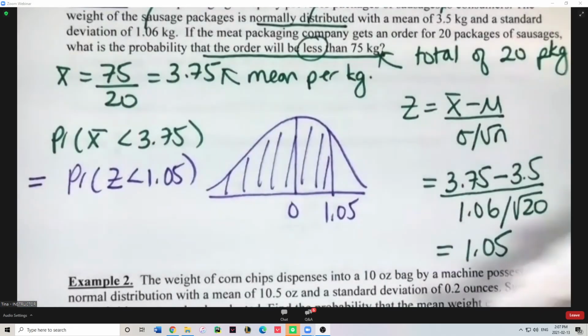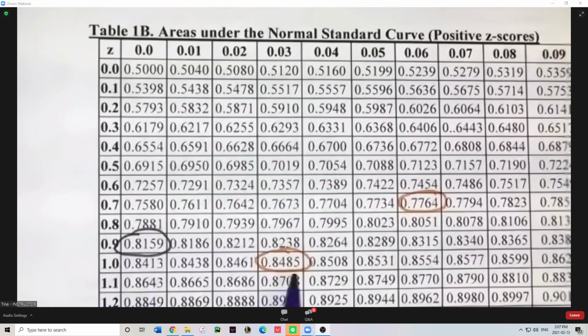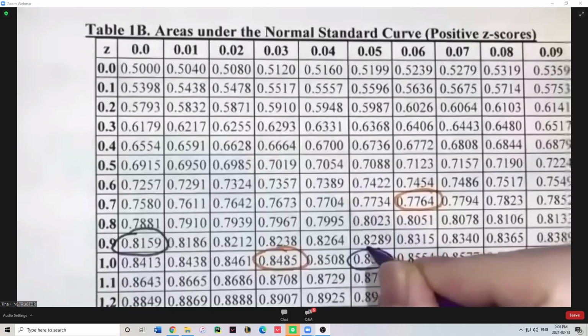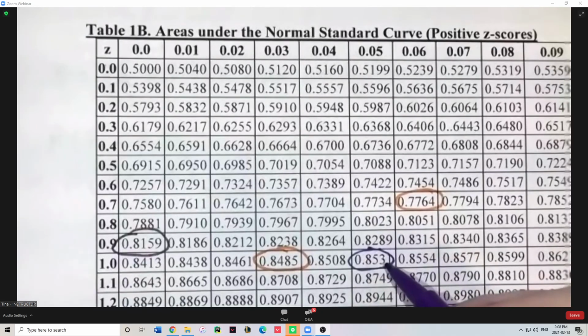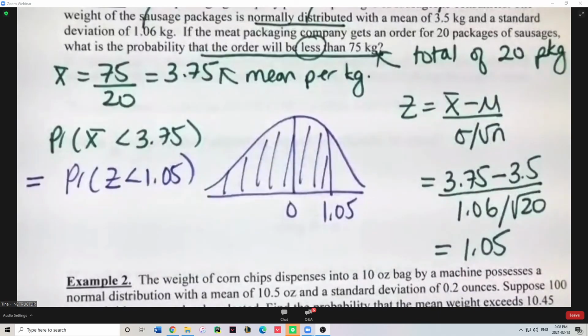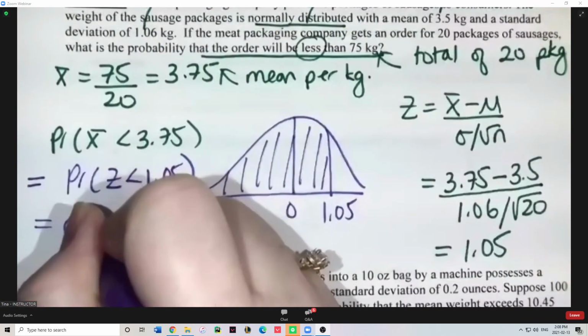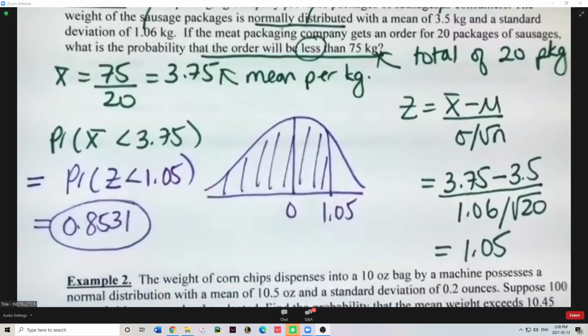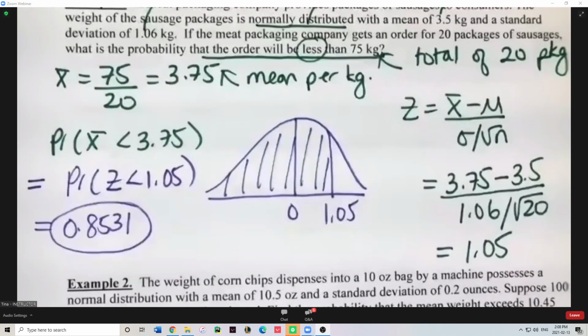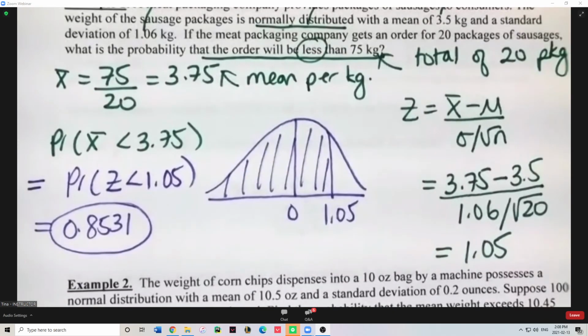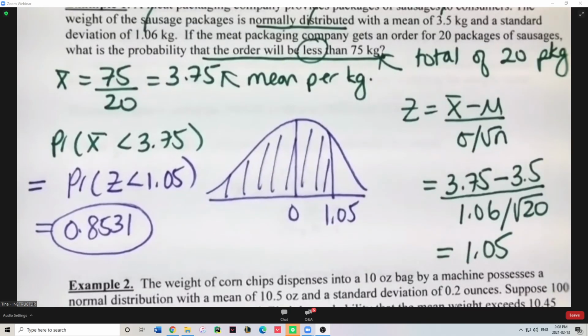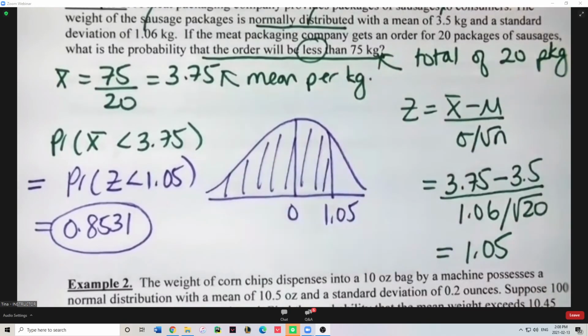So get your table out. 1.05, .8531 is below 1.05. Okay, any questions about the first one there?